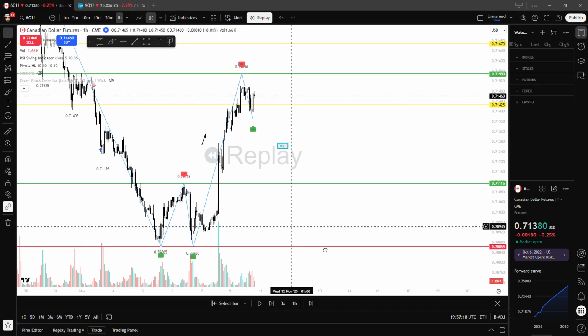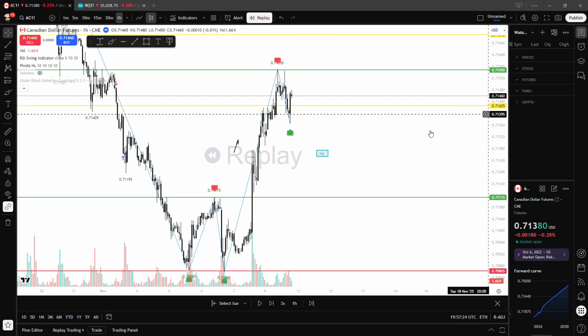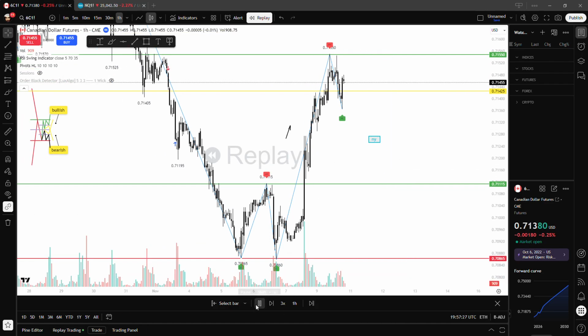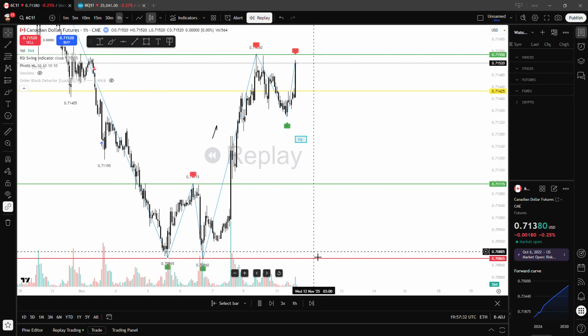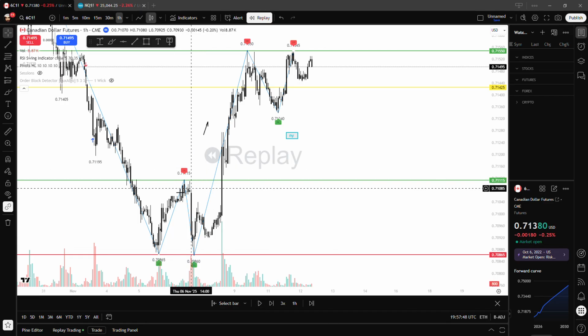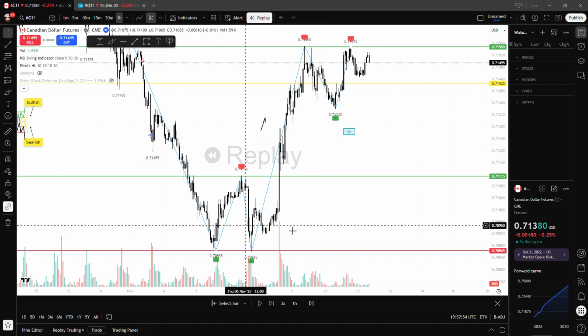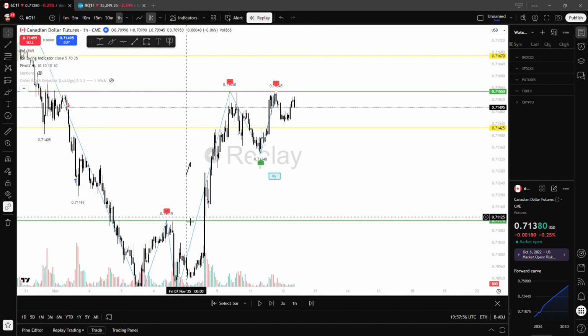So see, we're buying the downtrend now, and so that means our indication comes from in front. See right here, this is a really good breakout level.